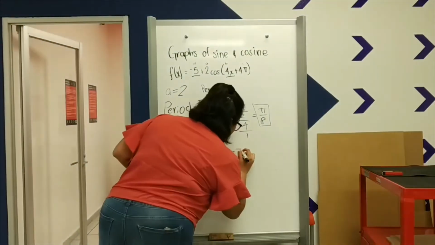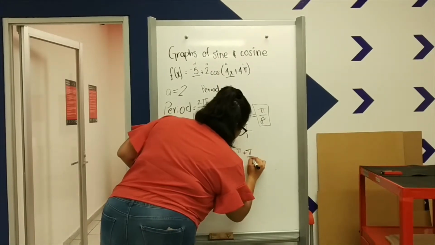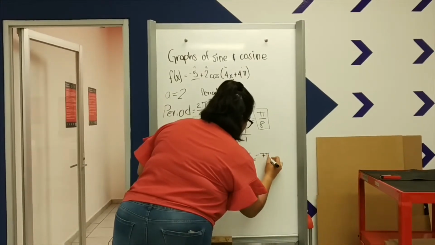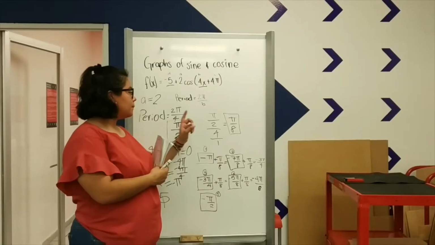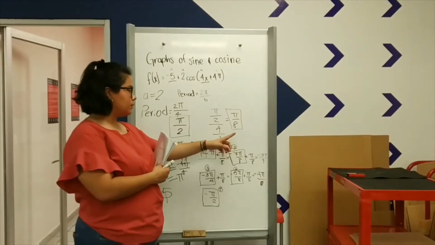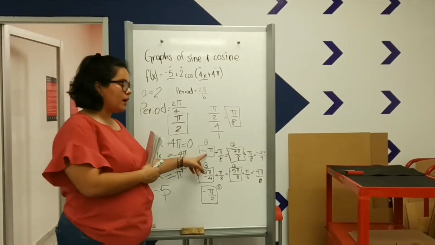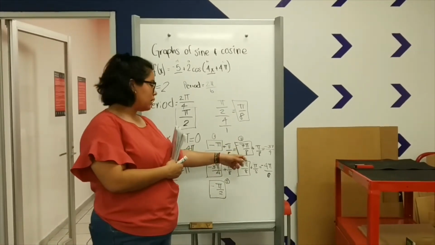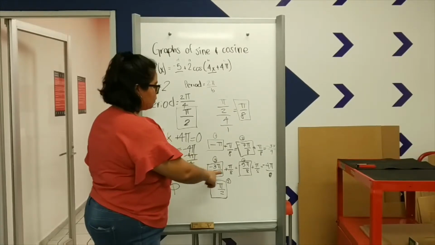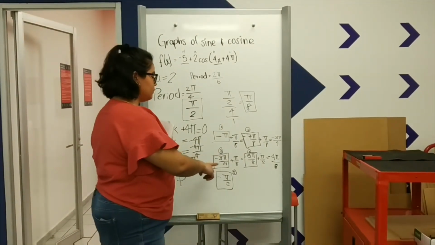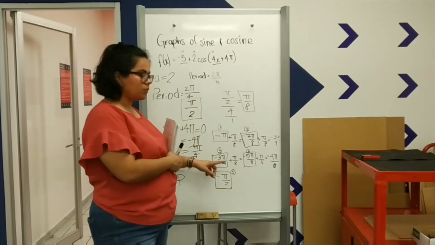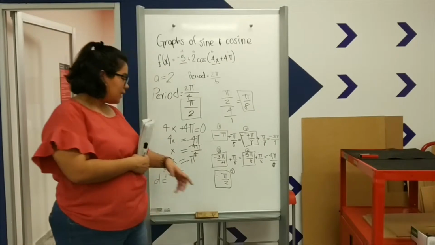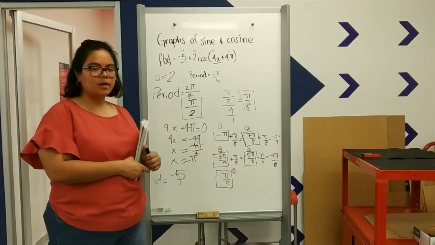So we added the period over 4, which is π over 8, to minus π, which is the horizontal translation, and we got -7π over 8, and then we added π over 8 and we got -3π over 4, and then we got -5π over 8, and the last one we got is -π over 2.